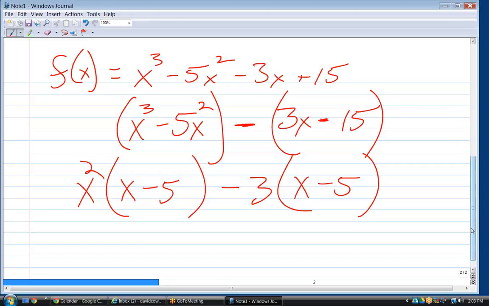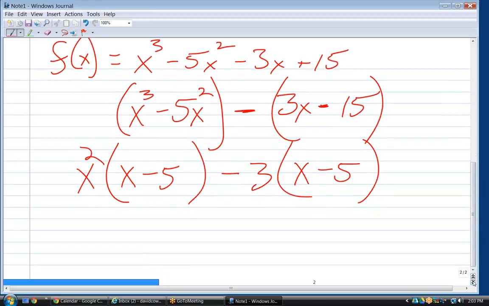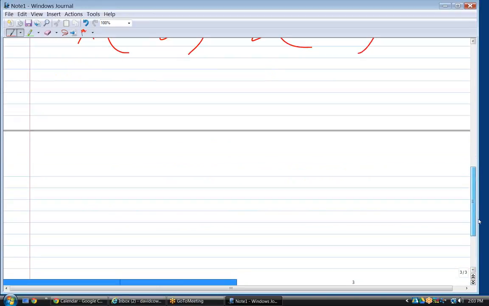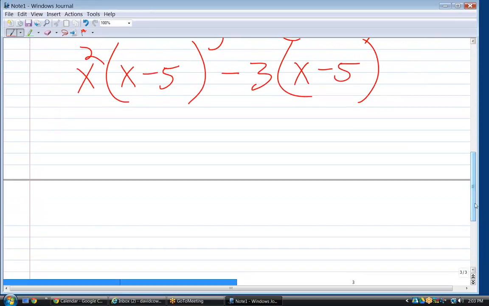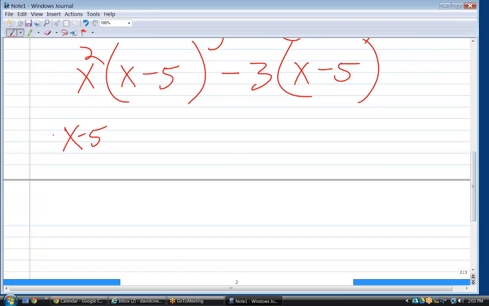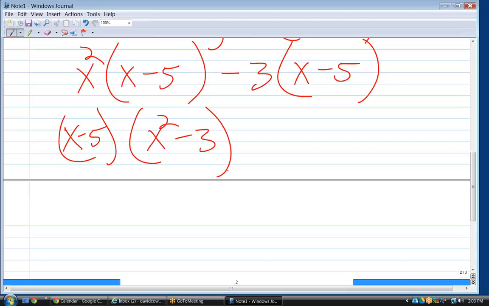Now, factor out something from that expression. The x minus 5. So it's x minus 5 times x squared minus 3. There's your answer. Well, not quite.